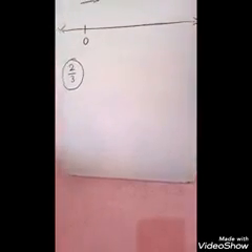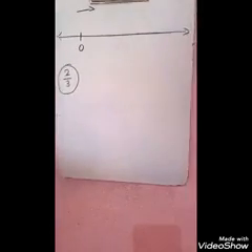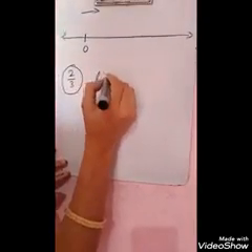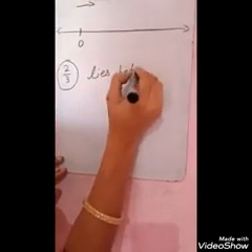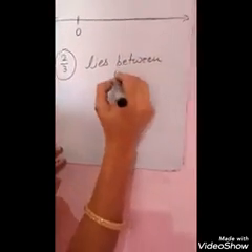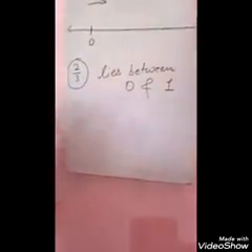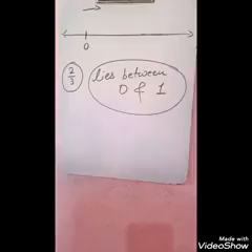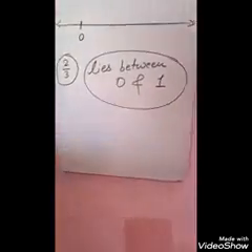Now for proper fractions, remember one thing: all proper fractions always lie between 0 and 1 on the number line.